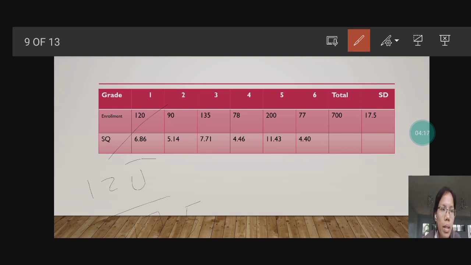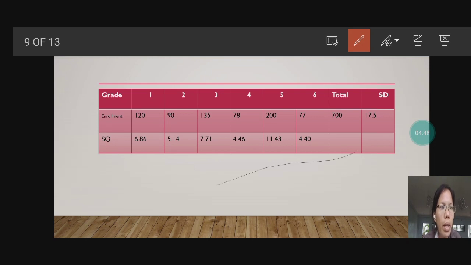So we use 17.5 as the standard divisor and divide the enrollment of every level by it. These are the standard quotas: grade 1 is 6.86, grade 2 is 5.14, grade 3 is 7.71, grade 4 is 4.46, grade 5 is 11.43, and grade 6 is 4.40.